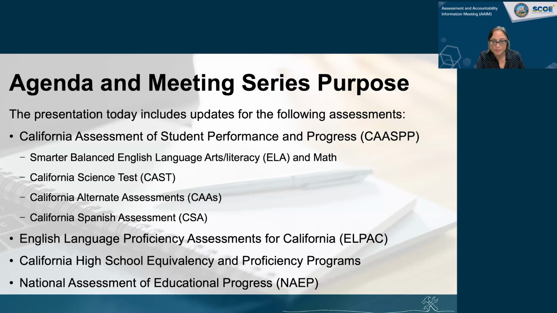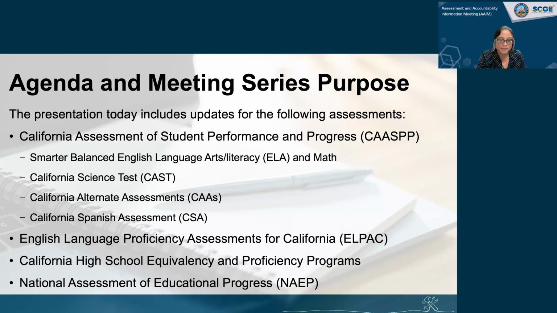Today, CDE's assessment program staff will provide you with the latest updates to the California Assessment of Student Performance and Progress, or CAASPP, system, which includes the Smarter Balanced ELA and Math assessments, the California Science Assessment, or CAST, the California Alternate Assessments, or CAAs, and the California Spanish Assessment, or CSA.